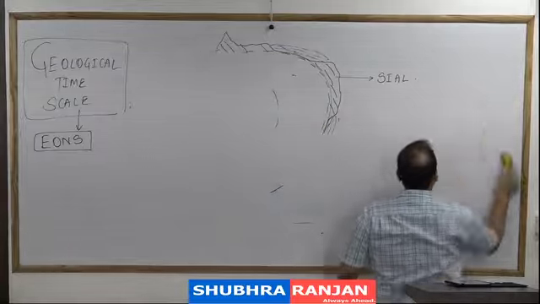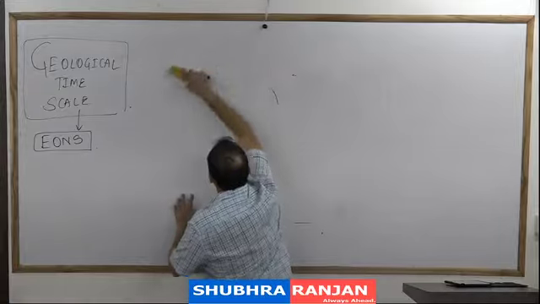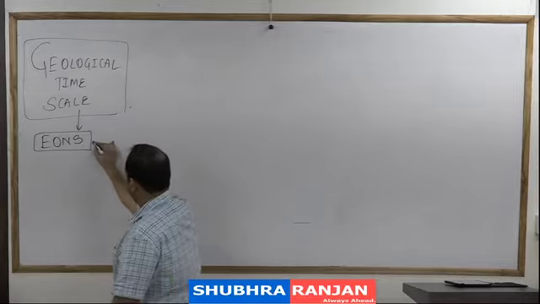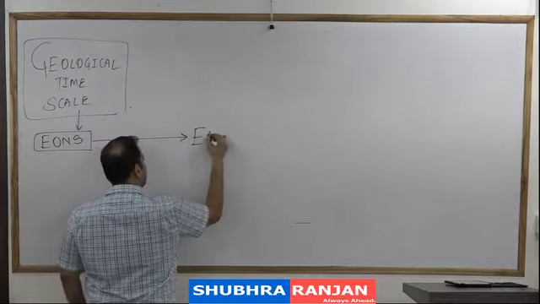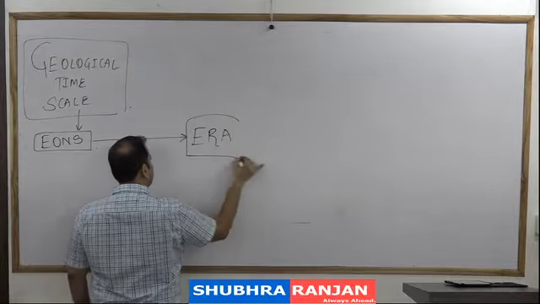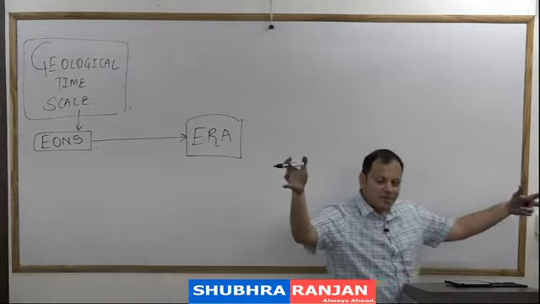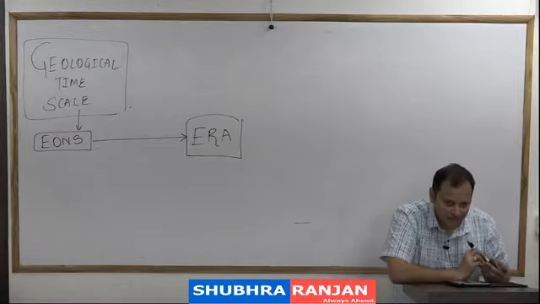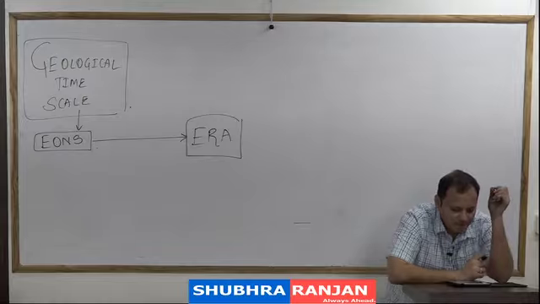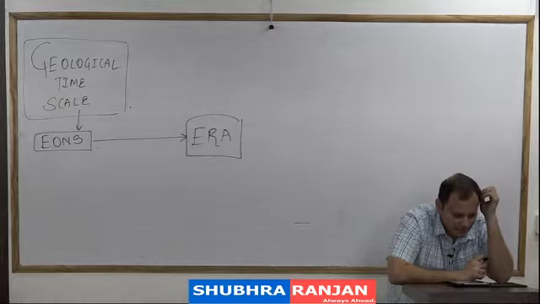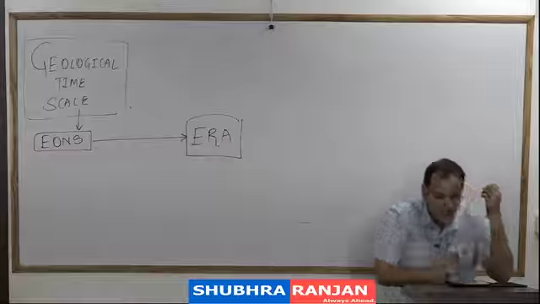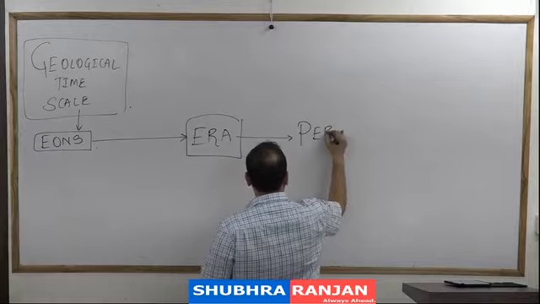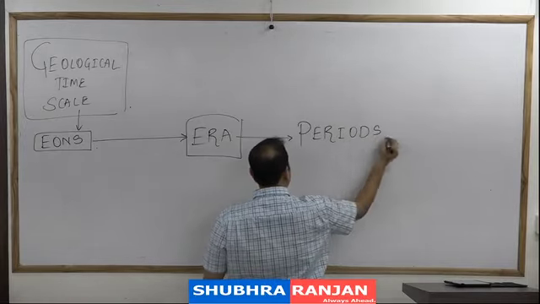Eons are further divided into eras. Now what does it mean? Which is the biggest period? Eon. Eras are a part of eons. While the eras are further subdivided into periods.